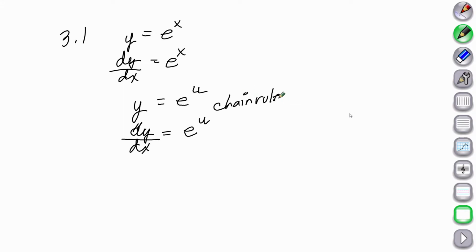Which is, come on, is the derivative. Why is this? Try it this way. I think we need a new pen is what we need.